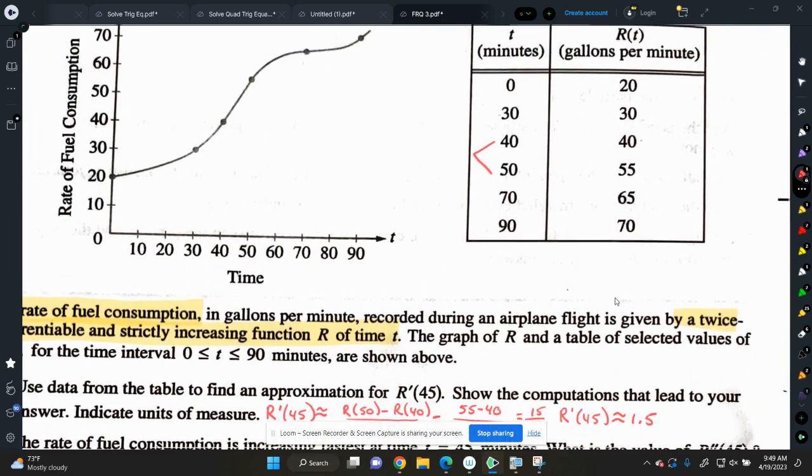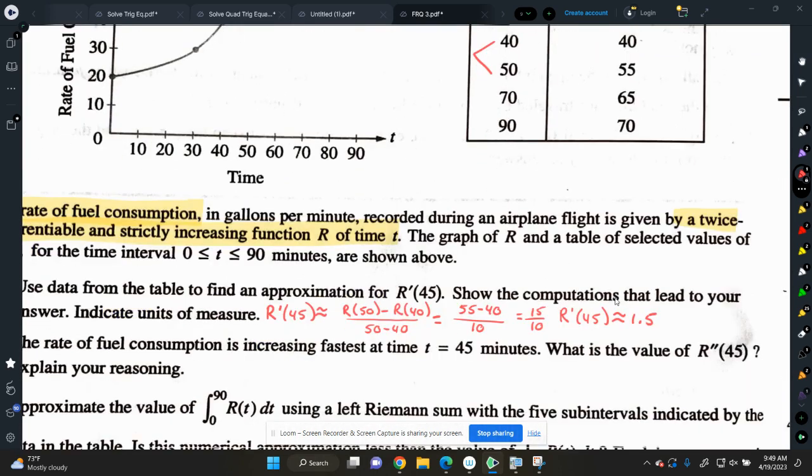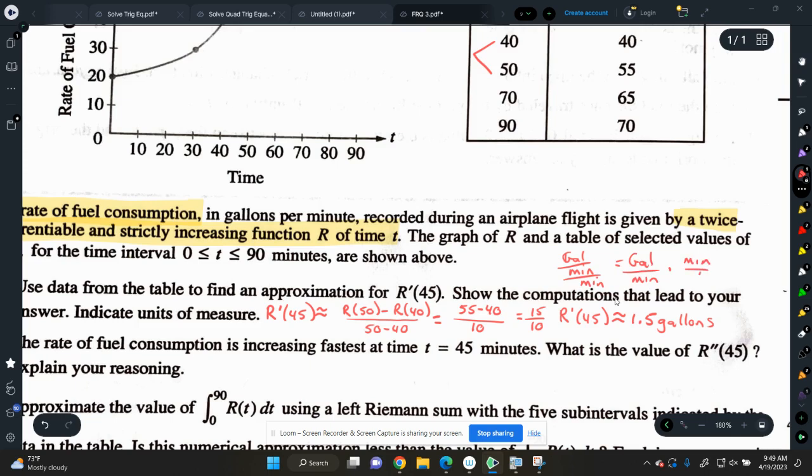On top we have gallons per minute, and on the bottom we have minutes. So that'll be gallons per minute times minute over 1. So it's just gallons.